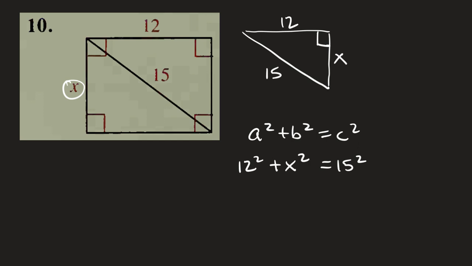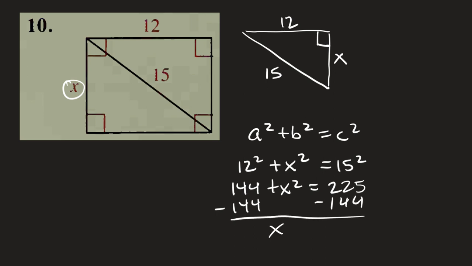Let's square everything. So that's 144 plus x squared equals 15 times 15 is 225. Now I'm going to solve for x squared. So subtract 144 from both sides. And x squared is equal to, well, that's 81. Super.